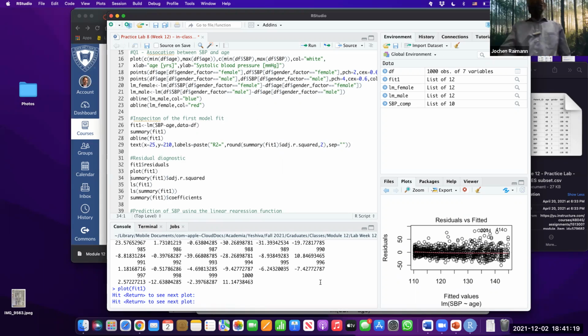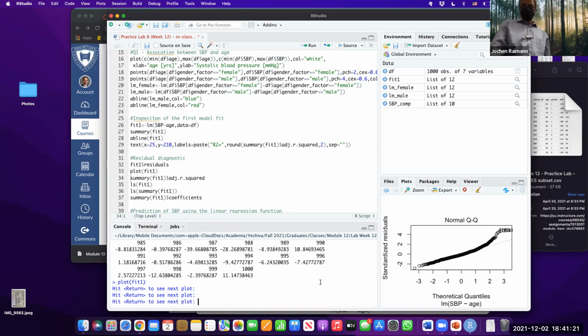If you are looking now at the second plot, here you have a QQ plot that also gives you an idea about homoscedasticity and to what extent your data is normally distributed, to an extent that you can actually use linear regression. You have the standardized residuals on the y-axis as a function of theoretical quantiles that are derived from your model.